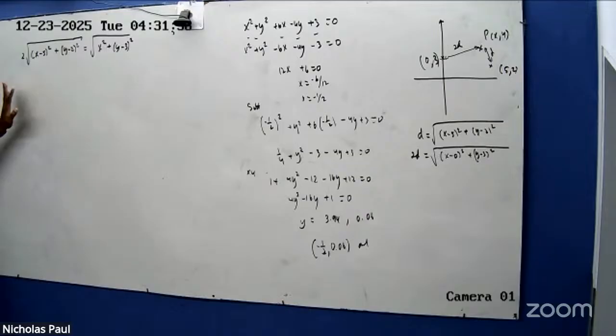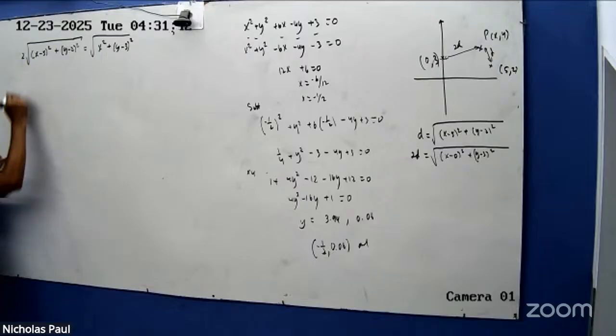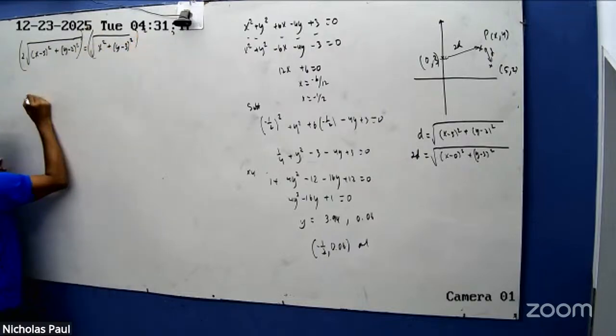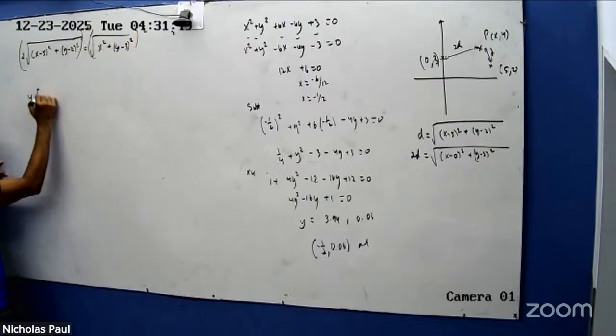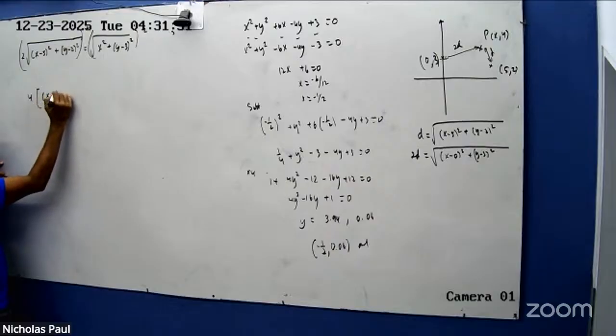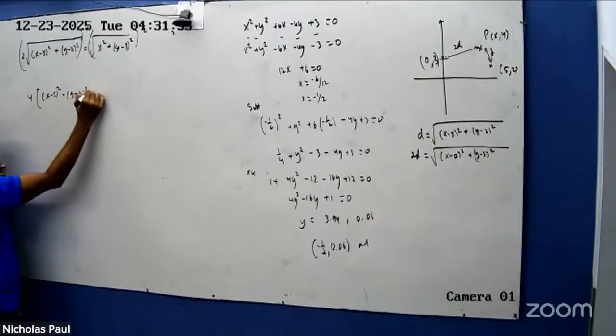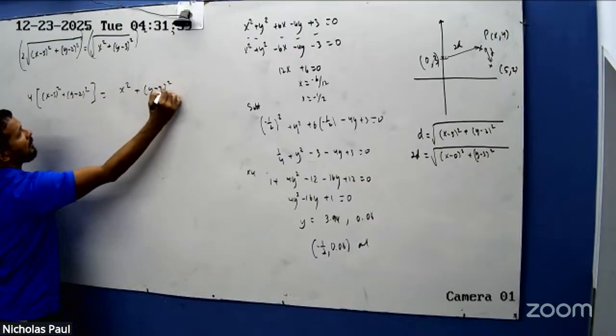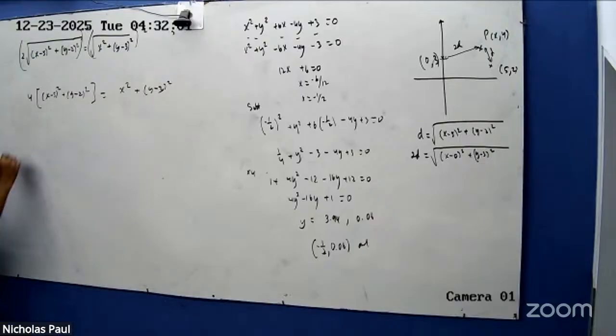Put 2 by this, and square everything, right? So you'll get 4 by x minus 5 squared plus y minus 2 squared is equal to, and then you simplify it out.